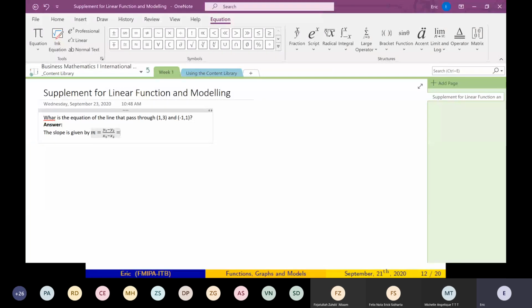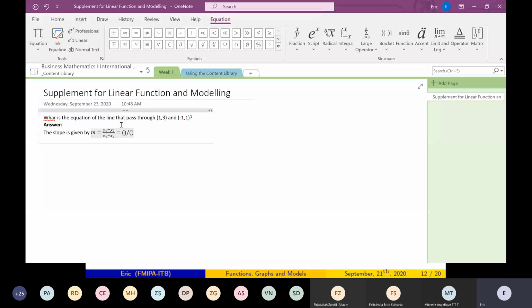Don't forget this is (x, y), so x1 is 1, y1 is 3, x2 is -1, y2 is 1.